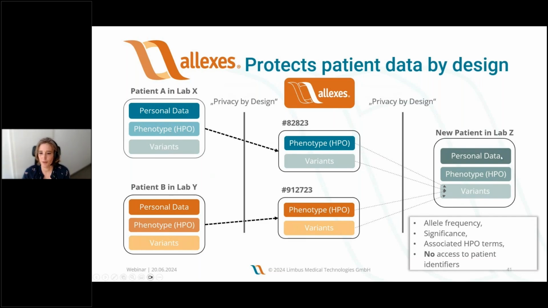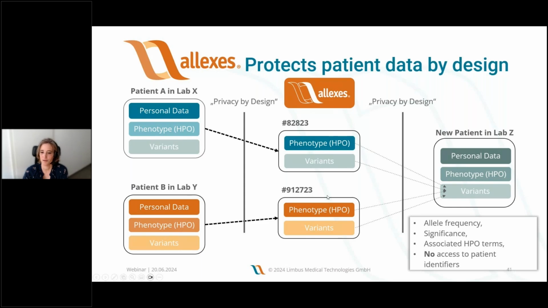So if you now look at a new patient in your lab and enter all the information for your patient, and you see the list of variants, you would see for every variant how often it has been detected in the whole network. In this case, we have 2 hits. You would see the 2 different phenotypes that have been entered for the patient, and you would see that these are 2 different families and 2 different labs that worked on the cases.